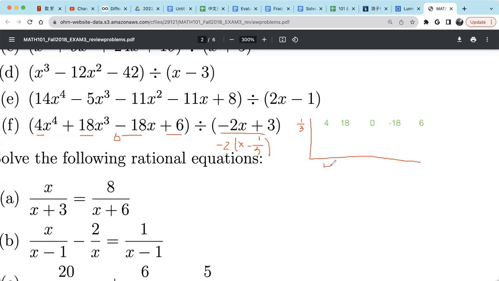So we take down 4, multiply with 1/3, you get 4/3, because 1/3 times 4 is 4/3. We add those two, we get 18 plus 4/3. So how do we do 18 plus 4 over 3?